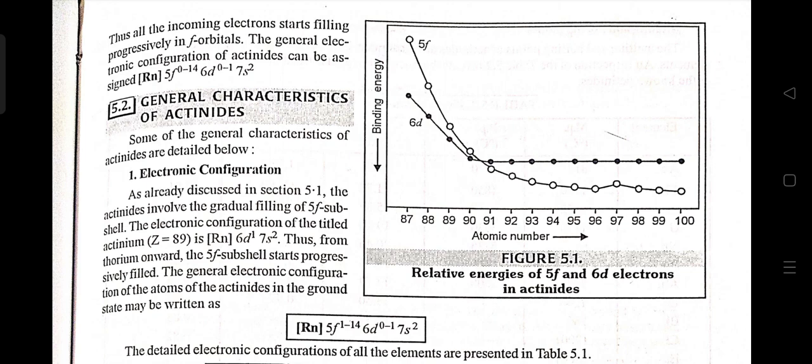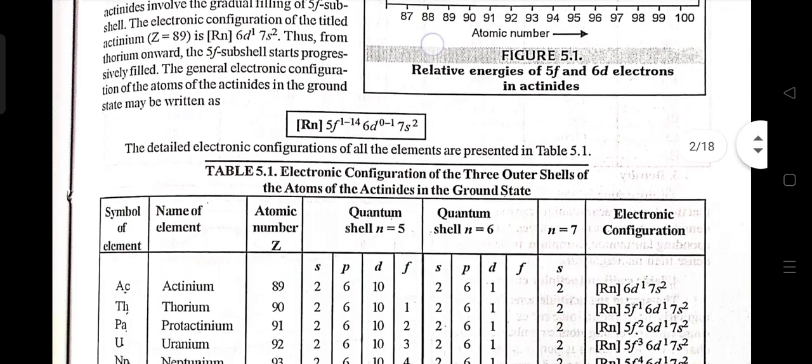Thus, from thorium onward, the 5f subshell starts progressively filling. The general electronic configuration of the atoms of the actinides in the ground state may be written as radon 5f1 to 14, 6d0 to 1 and 7s2. The detailed configuration of all the elements is presented in table 5.1.